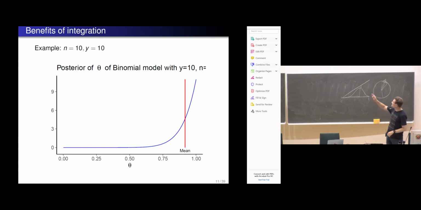And here you can see the maximum a posteriori choice, which in this case, since we had uniform prior, the posterior is the same as the likelihood, that maximum choice would say that the next one is red with probability 1.